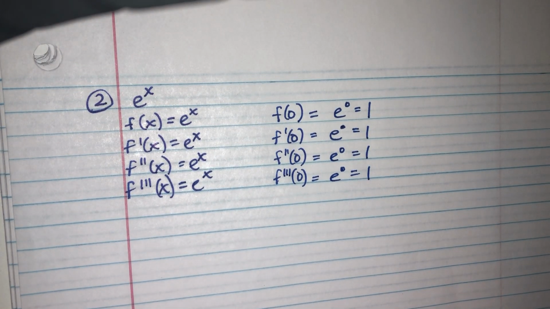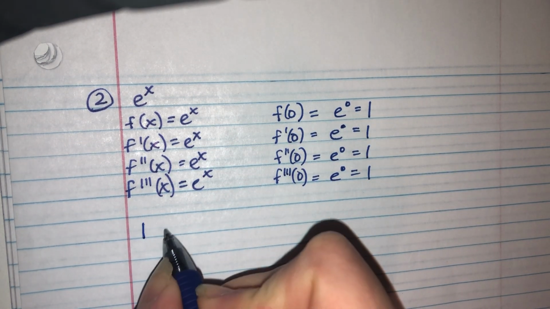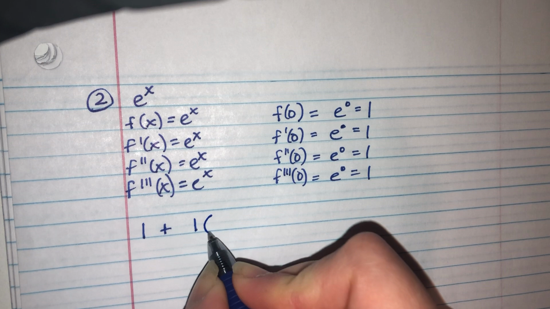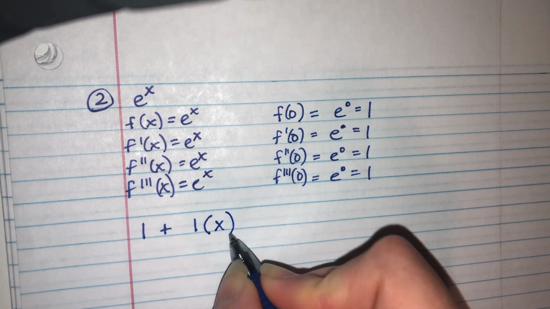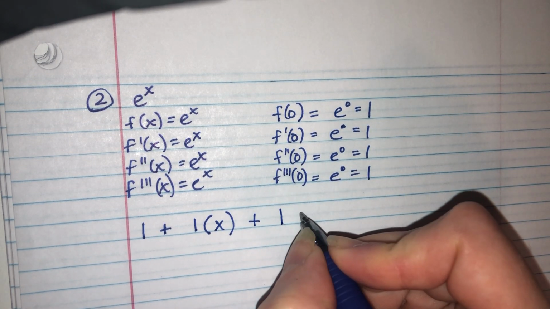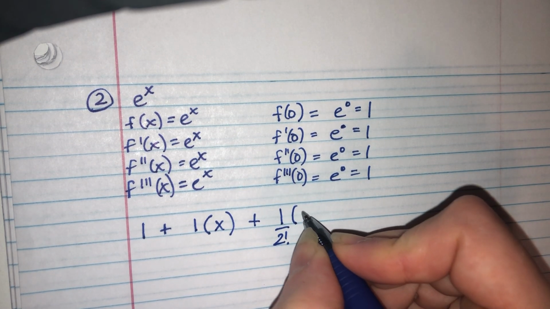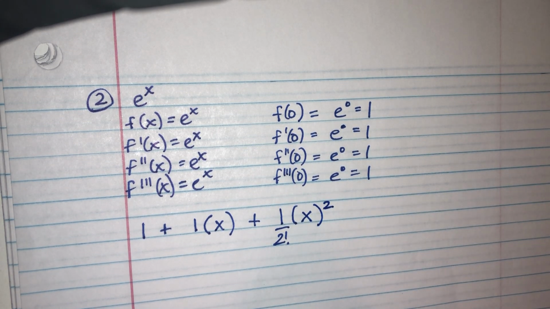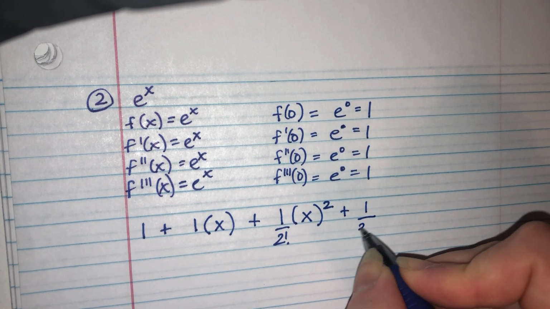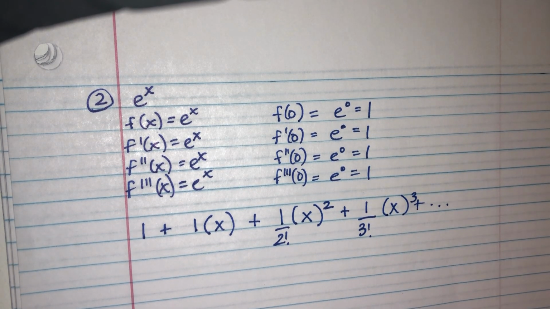So let's write out the terms of this Taylor series. It's going to be f of 0, which is 1, plus f prime of 0, which again is 1, times x minus 0, plus f double prime of 0, which again is 1, over 2 factorial, times (x minus 0) squared, plus f triple prime of 0, which is 1, over 3 factorial times (x minus 0) cubed, plus dot, dot, dot.